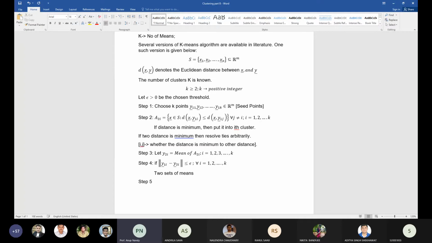You have to terminate it. This is called the termination criteria. That is, if the difference between the two sets of means is less than or equal to epsilon, then you stop the iteration.